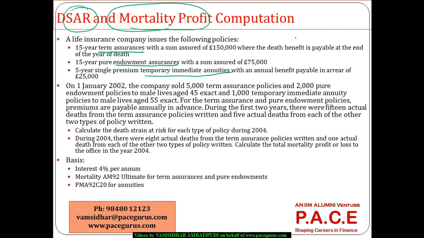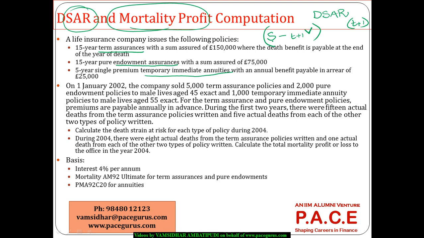Just to reiterate the concept, whenever we talk about the death strain at risk, for any particular policy year, let's say T plus 1, the death strain at risk is nothing but the sum assured minus the reserves as of T plus 1, which is the excess strain.